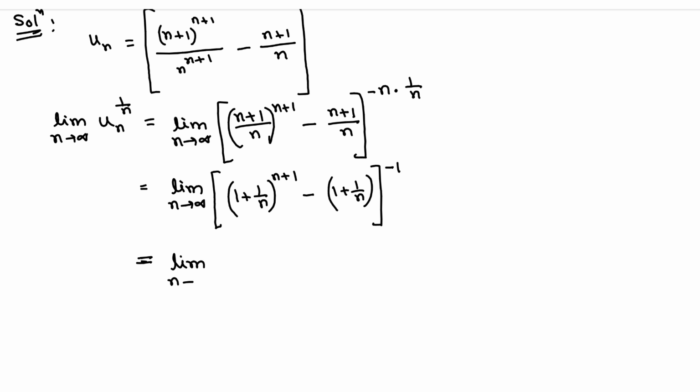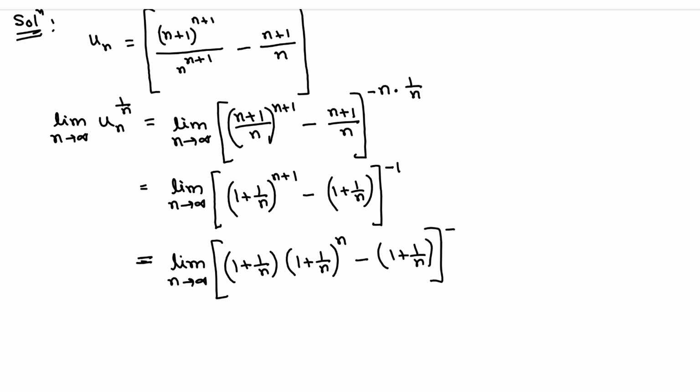Now this equals limit n tends to infinity of 1 plus 1 by n whole to the power n plus 1. Obviously we can write 1 plus 1 by n into 1 plus 1 by n whole to the power n, minus 1 plus 1 by n whole to the power minus 1. Now limit n tends to infinity: this will be 1 plus 0, and 1 plus 1 by n whole to the power n will be e.